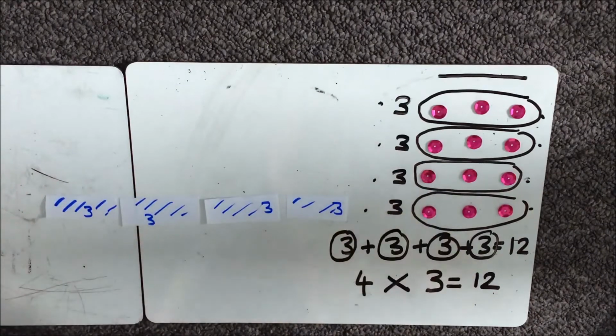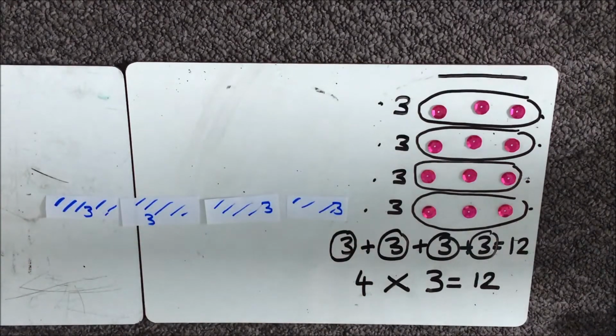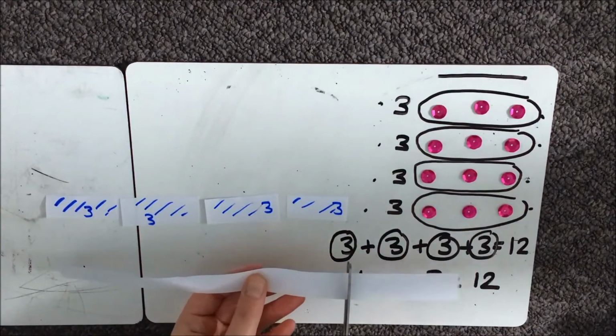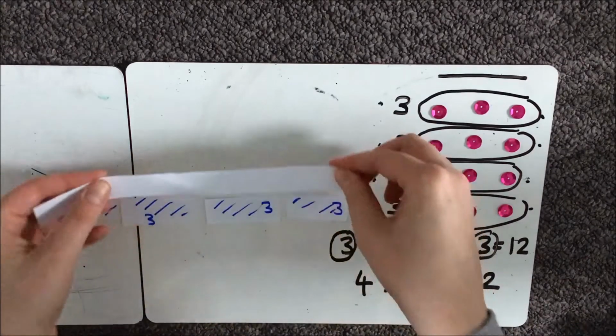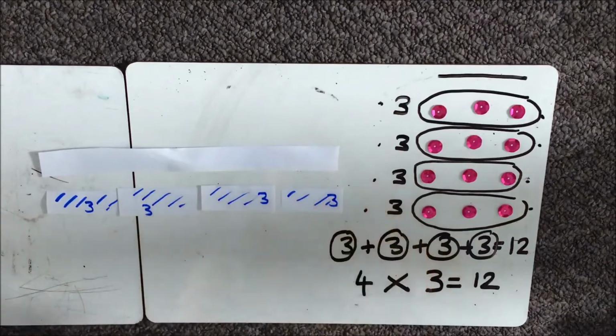Okay, now to get my whole, that's the how many are there all together. So I'm going to cut my other strip. Oops, I need to make sure it's the same length. Great, so this is now my whole. So to work out my whole, what do I need to count in?